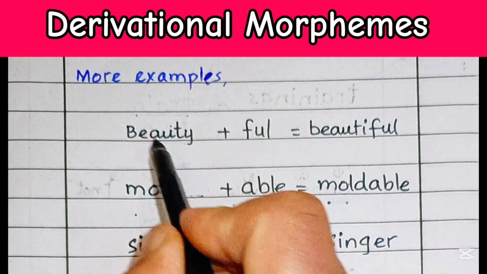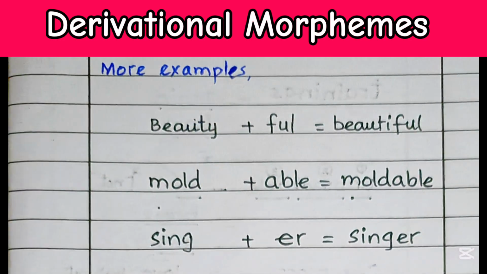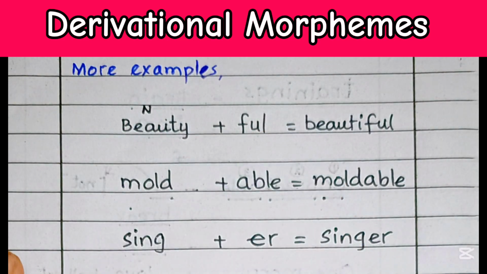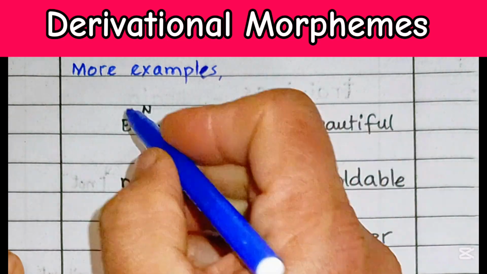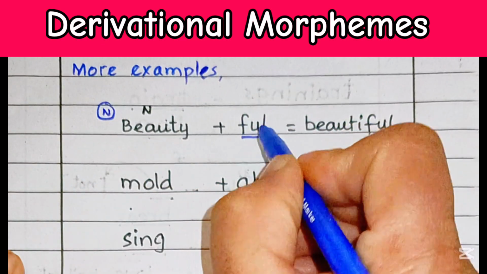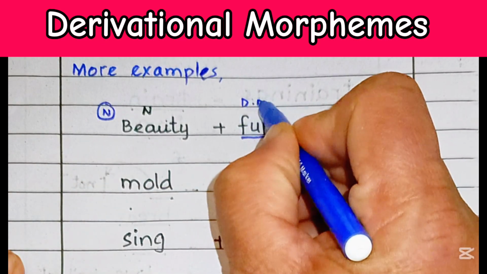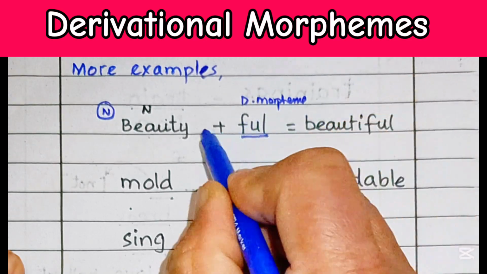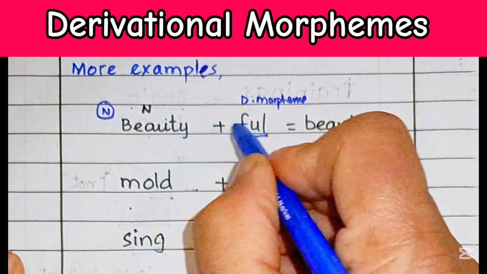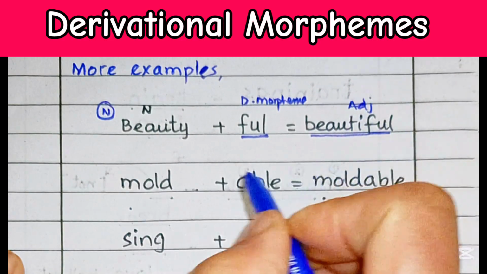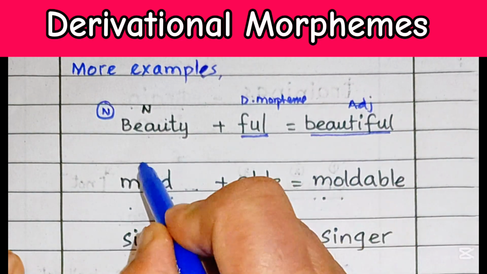Now we have more examples in order to understand the concept. Beauty is a noun. Once we add the derivational morpheme ful at the end as a suffix, it becomes beautiful, which is an adjective. Mold is a noun.